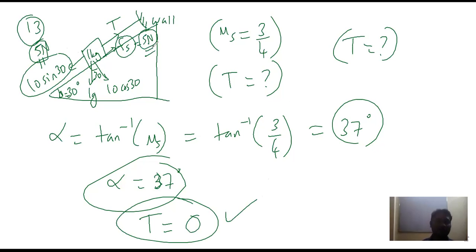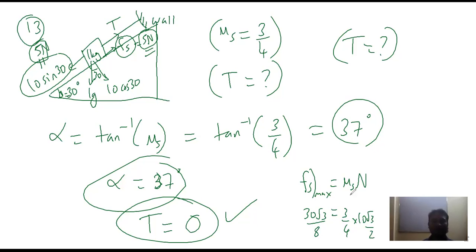So static friction will adjust itself, and we know the maximum value of static friction in this case is more than 5. It is mu s into N. So mu s is 3 by 4 into normal reaction is 10 cos 30, which is 10 root 3 by 2. So it will be 30 root 3 by 8, which is of course greater than what? 5 Newton.